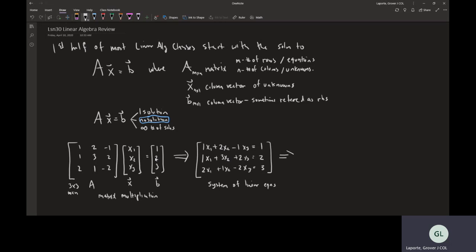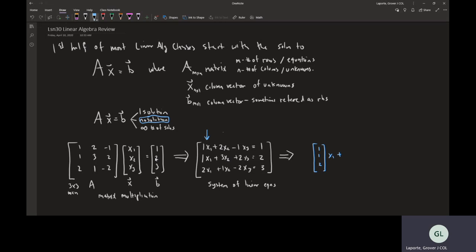Another way to do the same exact thing, and there's a reason why we need to see these different ways of writing it. If I just looked at this one column here, I could have 1, 1, 2, and we can multiply that by x1.